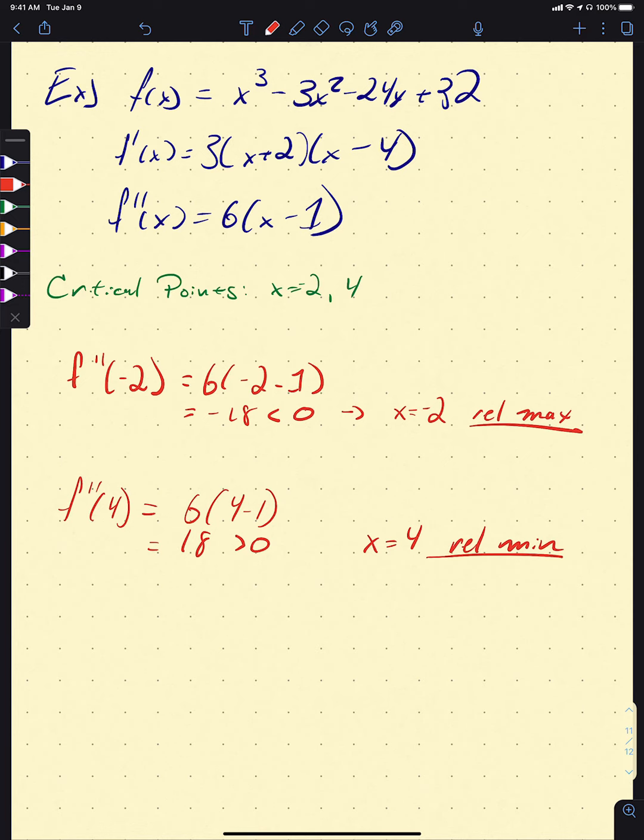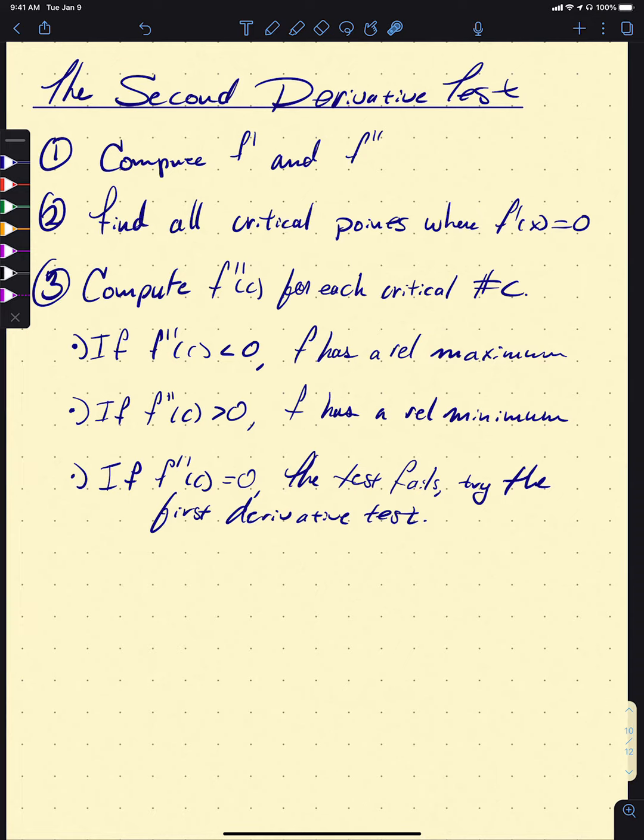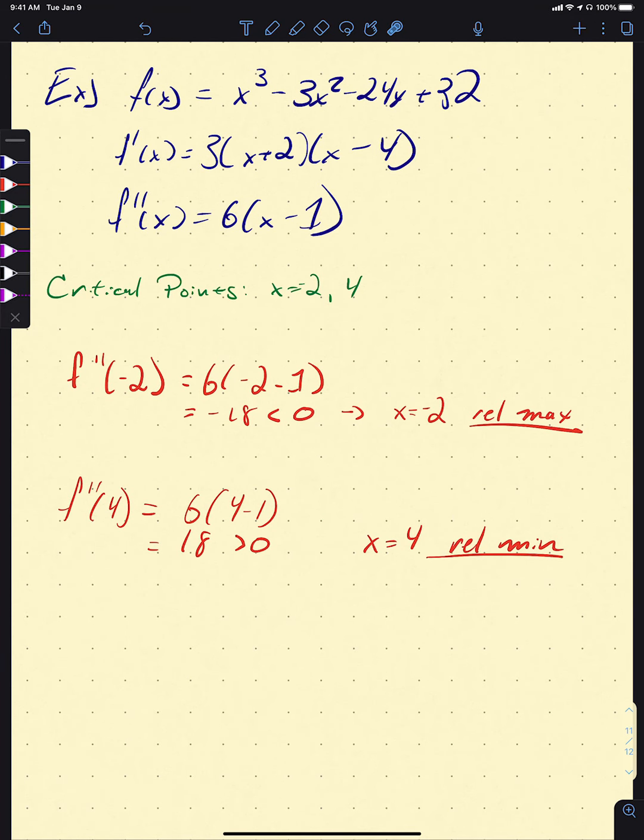Okay, that's how easy the second derivative test is. And so you might just wonder, well, why don't we use the second derivative test all the time? Why even bother with the first derivative test? Well, it's because of our third case, right? The places where it's inconclusive make it not the most reliable. Well, it's not even that it's unreliable.